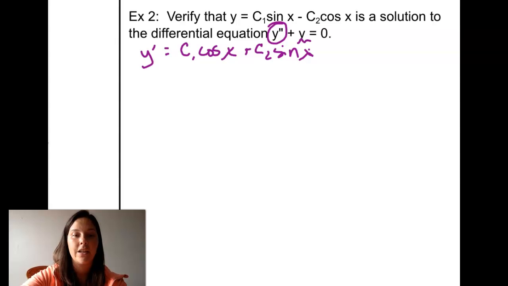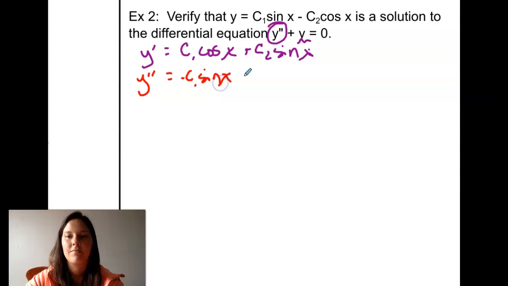Taking the derivative again, that c1 is going to go along, but this time my derivative of cosine is negative sine. So we'll have negative c1 times sine of x. And the derivative of sine is positive cosine, so we'll have a positive c2 times the cosine of x.